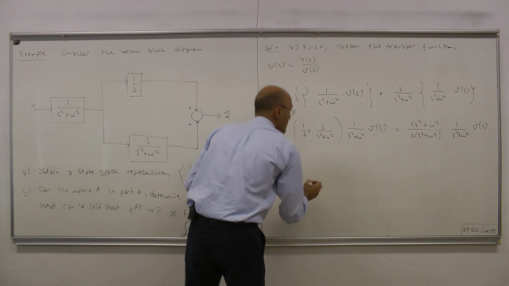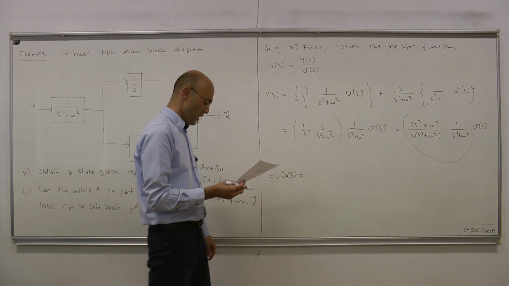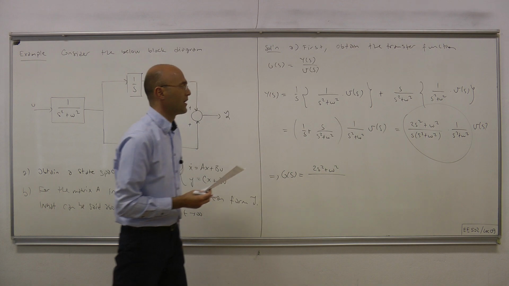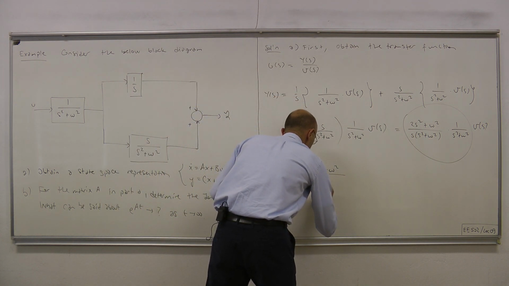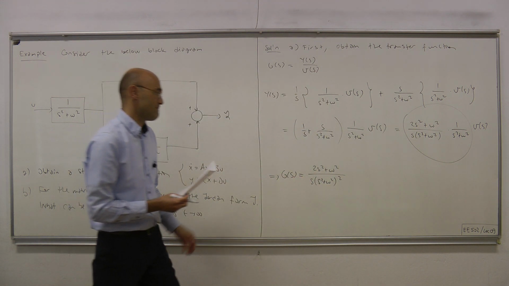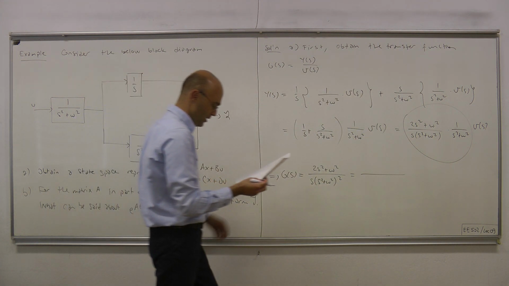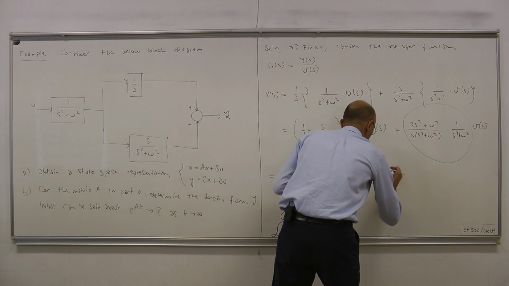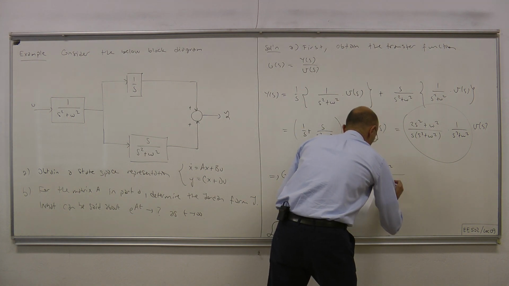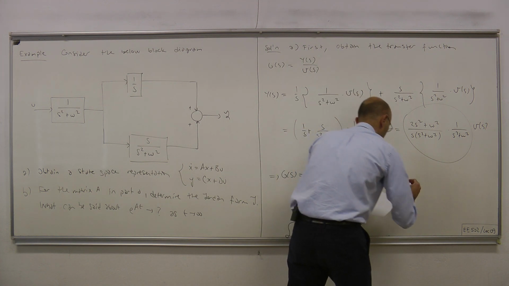G of S equals this, because that equals Y of S over U of S. So G of S equals 2S squared plus omega squared over S times S squared plus omega squared, squared. And if you write the denominator polynomial in its open form, we have S to the 5 plus 2 omega squared S cubed plus omega to the 4 S.